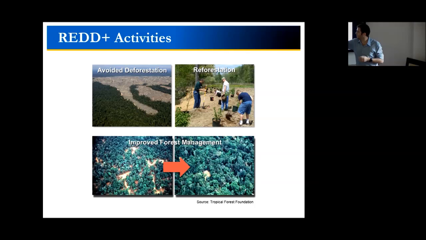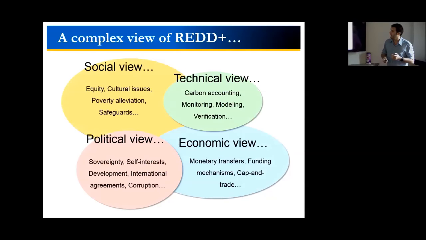And here the example is, on this side we have a forest that was logged conventionally. So you can see the amount of degradation that we have in the forest after logging. And on the other side, it's a forest logged with reduced impact logging techniques, so there's much less damage to the residual stand. Okay, so this could also be considered a REDD+ activity.